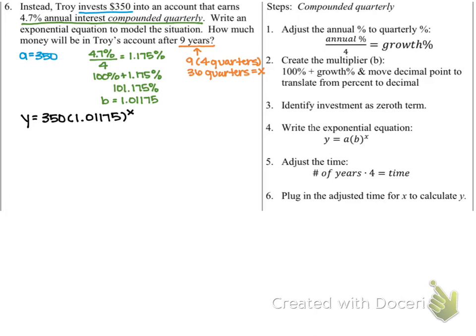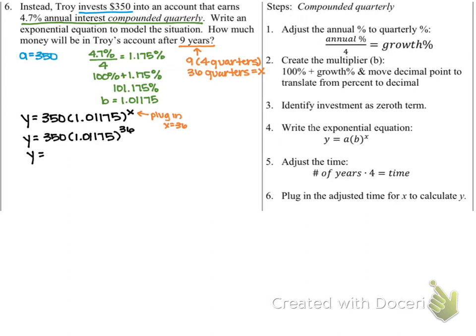So up here, we're going to plug in x equals 36. Just making sure that everything matches. The inside of the parentheses, where the B is a quarterly rate, means the exponent needs to be in terms of quarters as well.